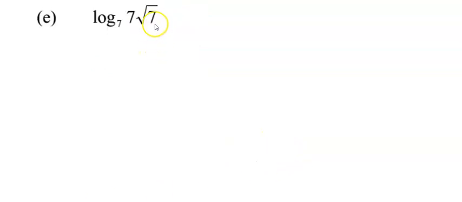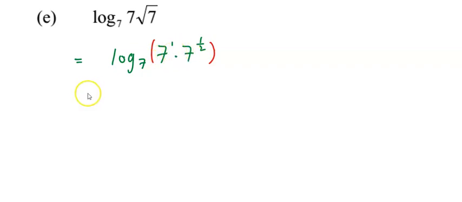For this example, we don't have to change the base. I would just simplify the 7 times the square root of 7. 7 is 7 to the power of 1 and the square root of 7 can be written as 7 to the power of 1 over 2. Following the laws of indices, the powers can be added when you have two index numbers with the same base and the operation between them is multiply.